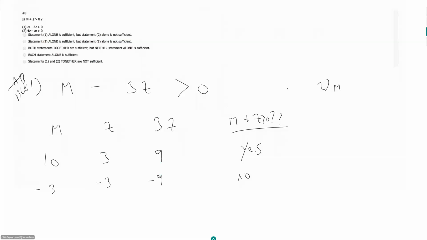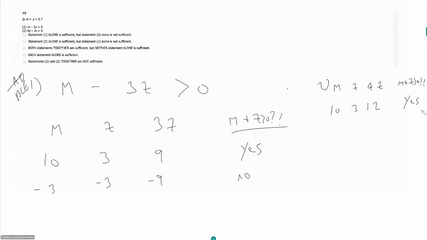So here we need an m, a z, a 4z, and then we gotta answer our question. So if we say 10, 3, so 4z would be 12. And so all we need is 4z minus m to be greater than 0. So this works. So we have a yes.